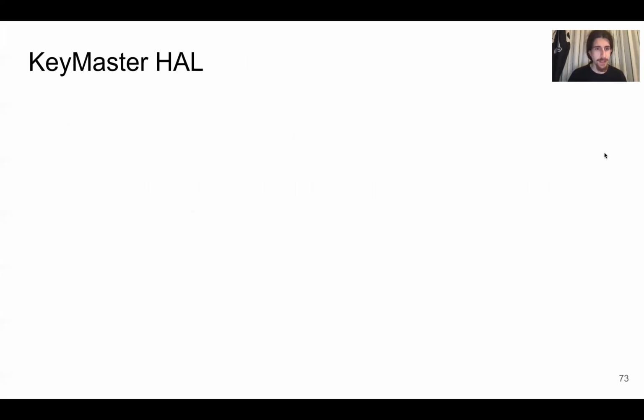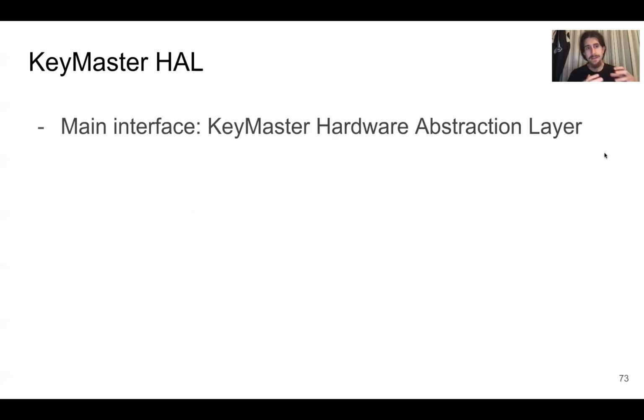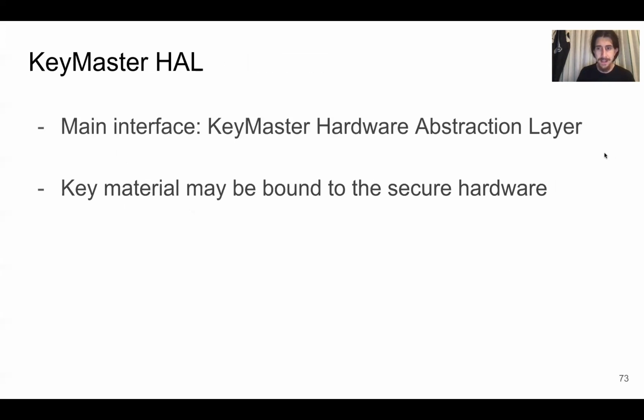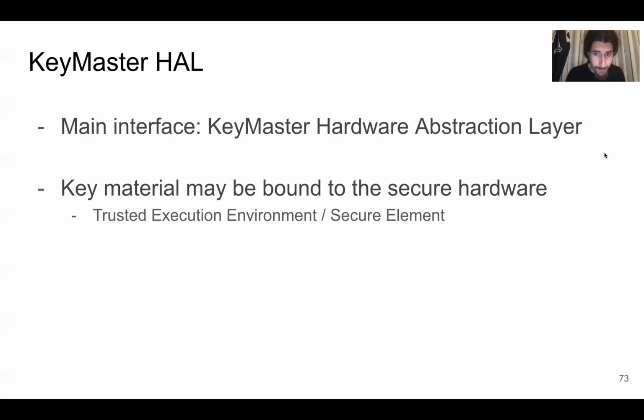And this brings me to this topic where basically we have this keymaster HAL, the hardware abstraction layer, and the key material may be bound to the secure hardware. So there is the key store and the keymaster, and then you have some kind of primitives, and you could have some keymaster implementations that are not backed by hardware, and you may or may not have some kind of hardware-backed key store.